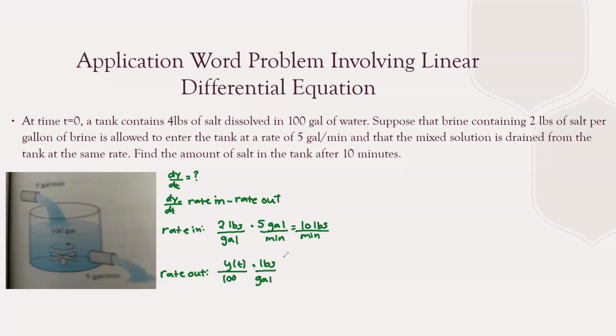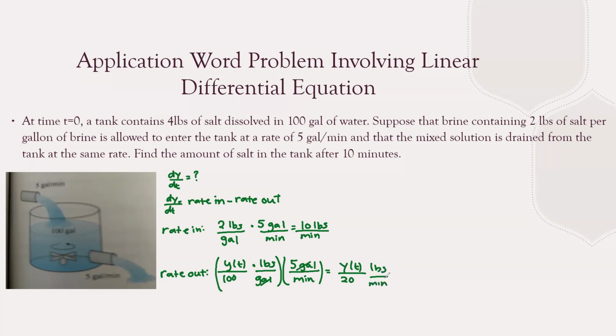That gives pounds per gallon, and we multiply it by 5 gallons per minute. That gives y(t)/20, and the gallons cancel, so you're left with pounds per minute.